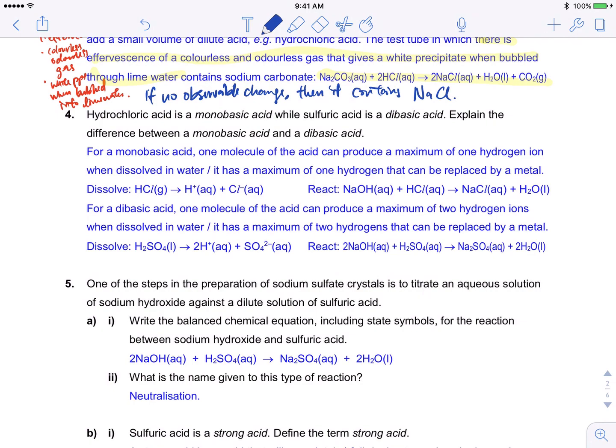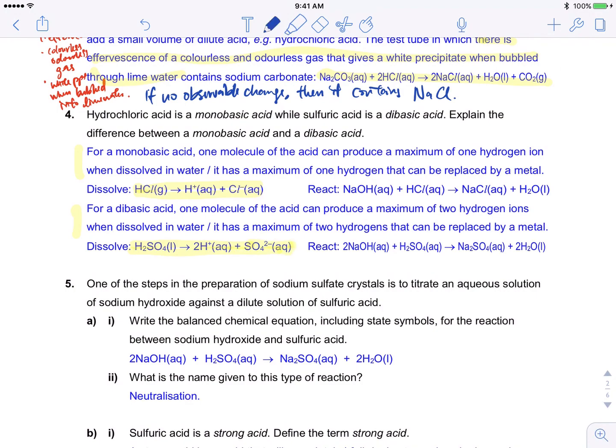Next, hydrochloric acid is a monobasic acid, sulfuric acid is a dibasic acid. What is the difference? And I ask you to explain. Since they didn't ask you to write an equation, you can also just use words to describe. However, I find that when explaining what a mono and dibasic acid is, it is always useful to write the equations.